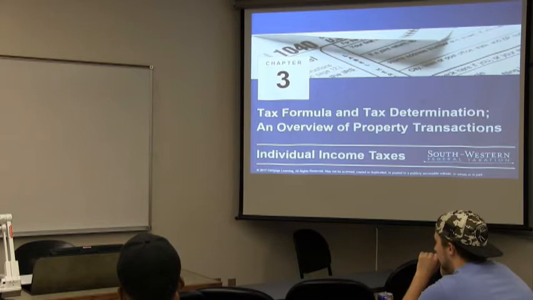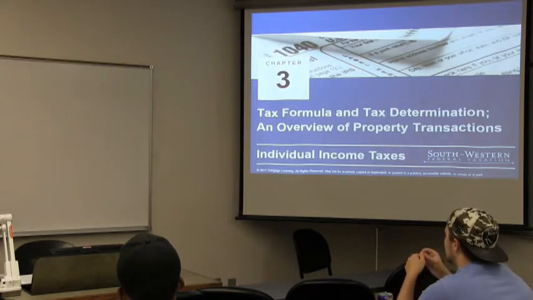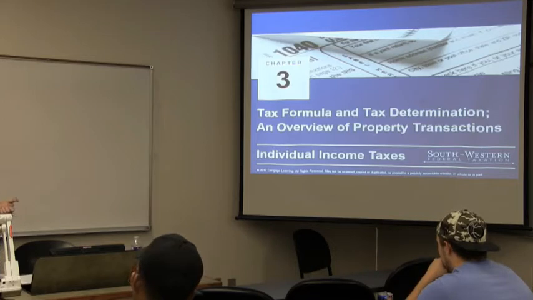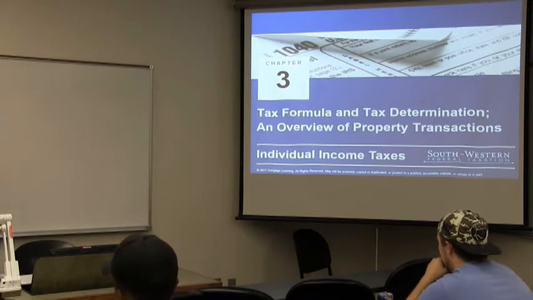We'll talk about exemptions, filing status, and we're going to talk about the very basics on property transactions. Probably spend about half an hour tomorrow on property transactions. Property transactions are very important, and this will probably be the only time we really get to hit it in this class, for that half an hour.